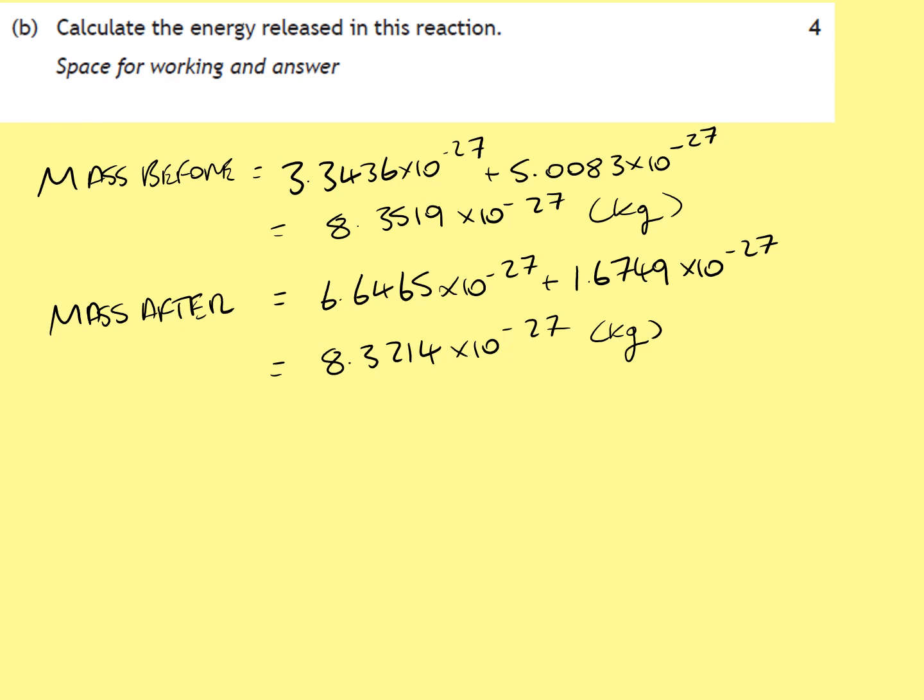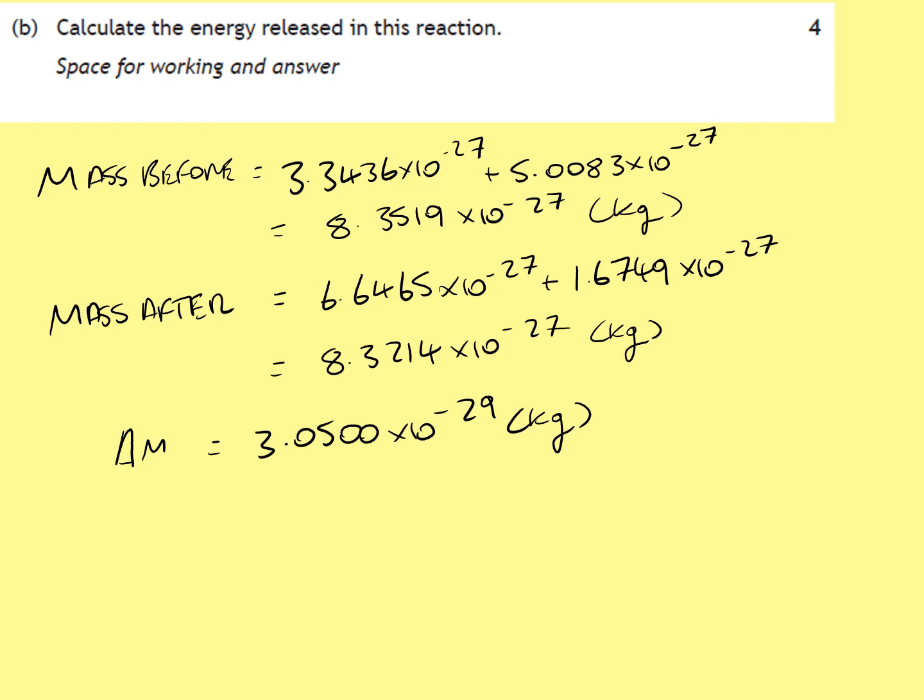We then work out our change in mass from after and before, and that's equal to 3.0500 times 10 to the negative 29 kilograms. So that's our change in mass. Now what we need to do is to calculate how much energy is released.